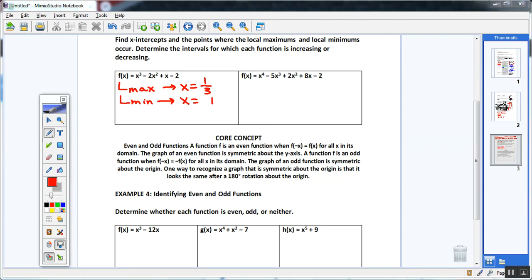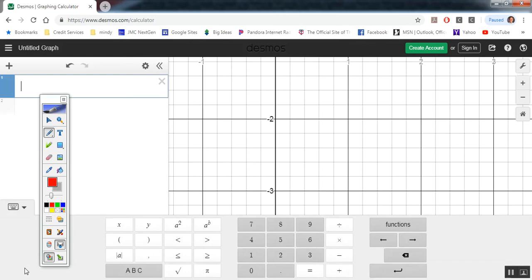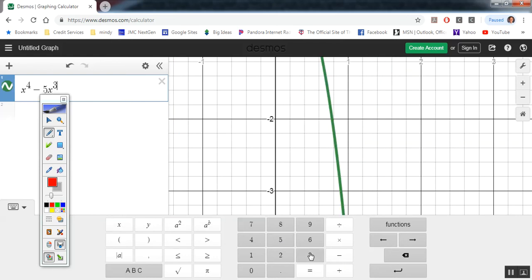You guys read the function to me. X to the 4th power, minus 5x to the 3rd power, plus 2x to the 2nd power, plus 8x, minus 2.